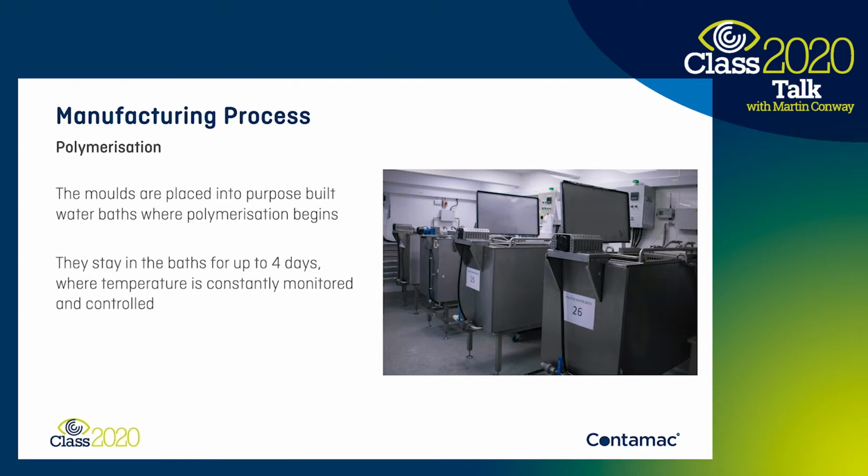This initiator, if you remember, is a very unstable compound that, once we apply heat or UV, is going to break down and start the chemical reaction. In this case, because of the high volumes involved, we are using heat as the trigger.